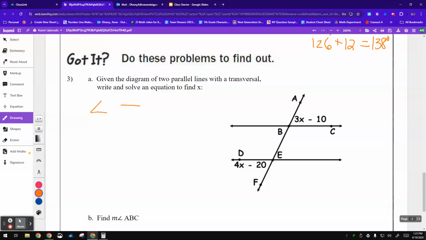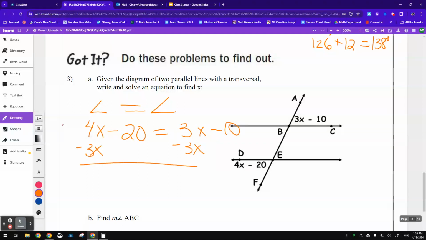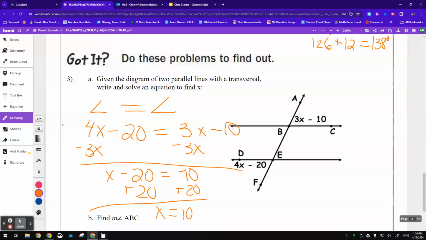Angle equals angle. Always check to make sure you've answered the question.